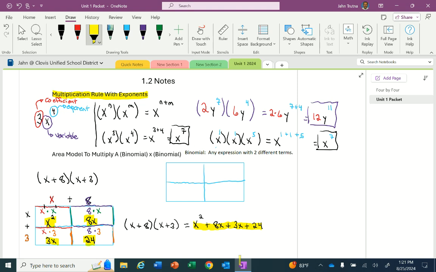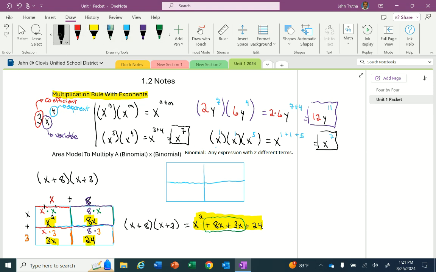But here's the catch. It's only your answer if it cannot be simplified. And as you could obviously see, you can simplify this by combining the positive 8x with the positive 3x.